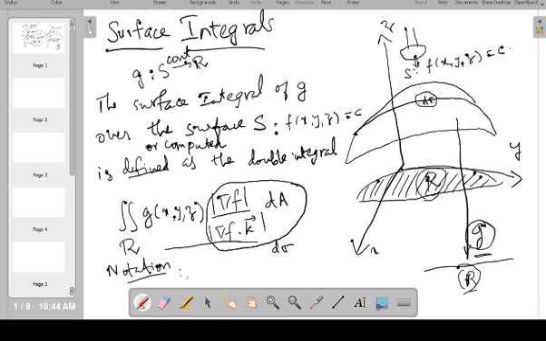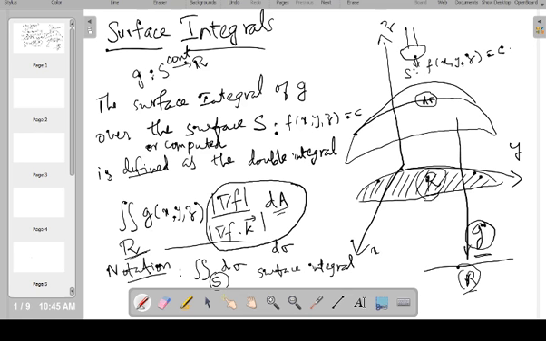Now the notation is this: the integral of g d sigma over S is the surface integral, not the double integral. If you find the integral over S, it is actually a surface integral. And if you find the double integral over R, it is actually a double integral, and here dA comes.